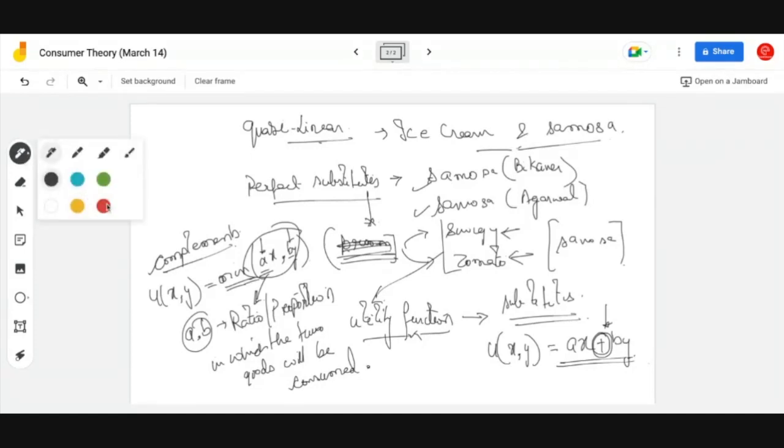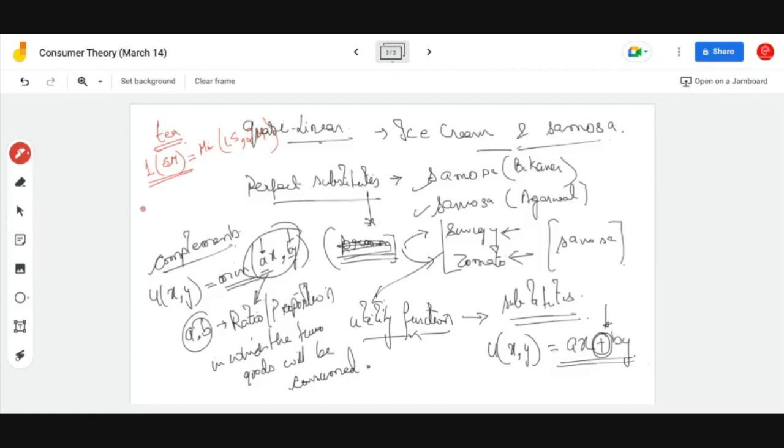For example, let's say we want to make tea. To make 1 cup of tea, we need sugar and milk, and in which proportion? Let's say 1 teaspoon of sugar and 2 cups of milk.